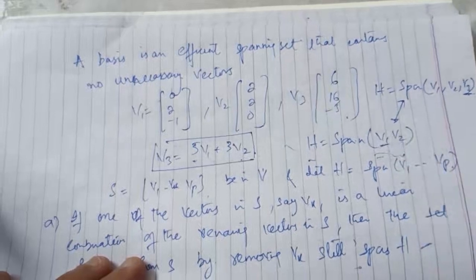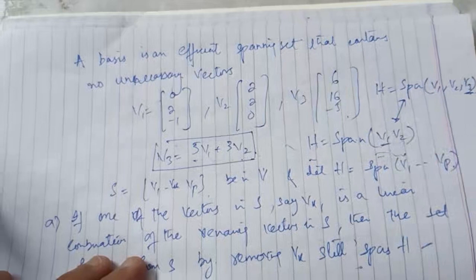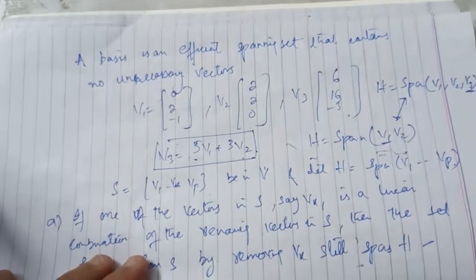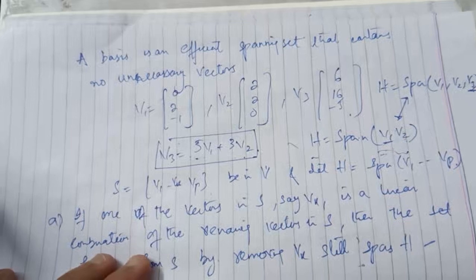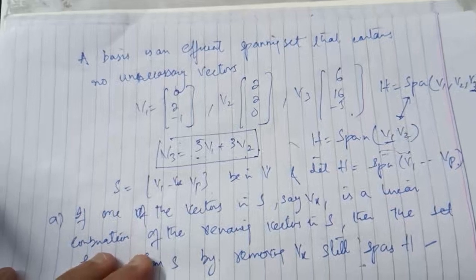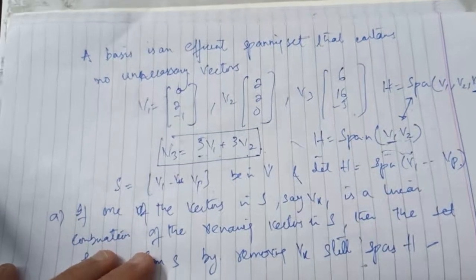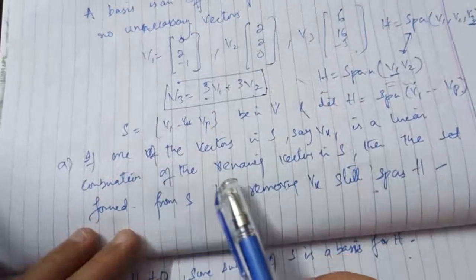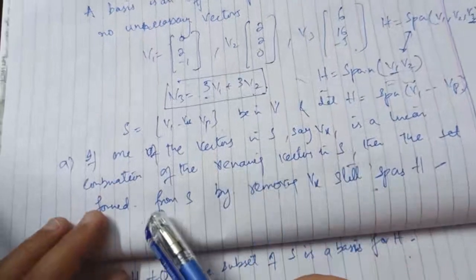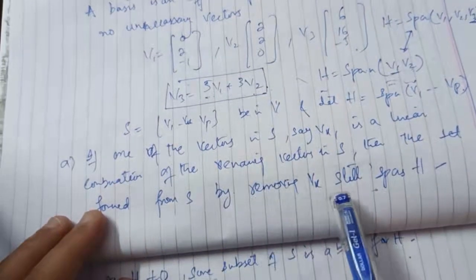And since we know that the basis is an efficient spanning set that contains no unnecessary vectors, it has to be a minimum set of vectors that can span the vector space. So if one of the vectors in S, say vk, is a linear combination of the remaining vectors in S, then the set formed from S by removing vk still spans H.